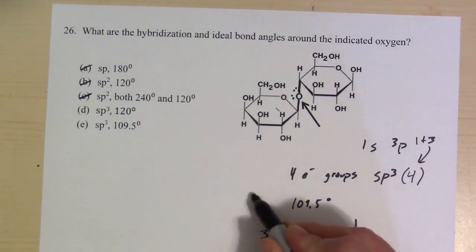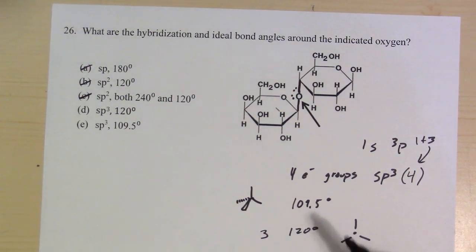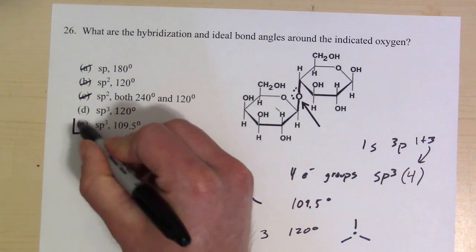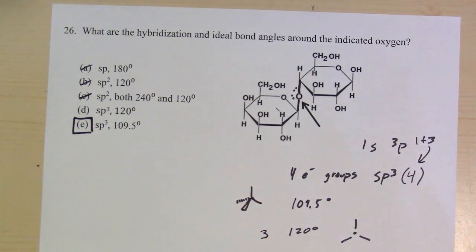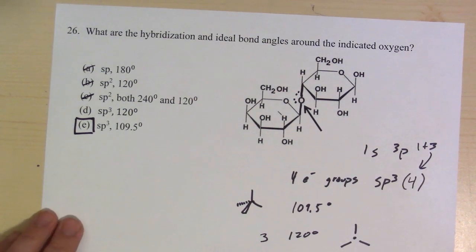When you have 4, that's when you have a tetrahedral arrangement and 109.5 degree bond angles. So E here is going to be the correct answer. It has sp3 hybridization and 109.5 degree bond angles.